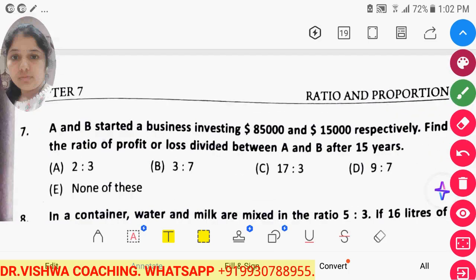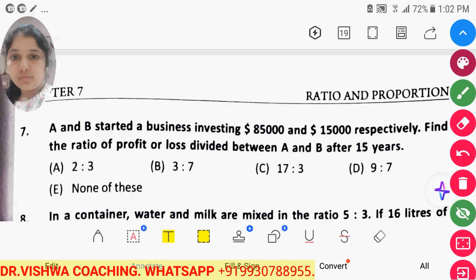Now A and B started a business, investing $85,000 and $15,000 respectively. Find the ratio of profit or loss divided between them after 15 years.